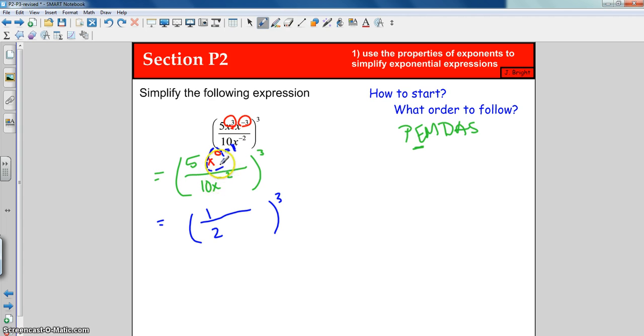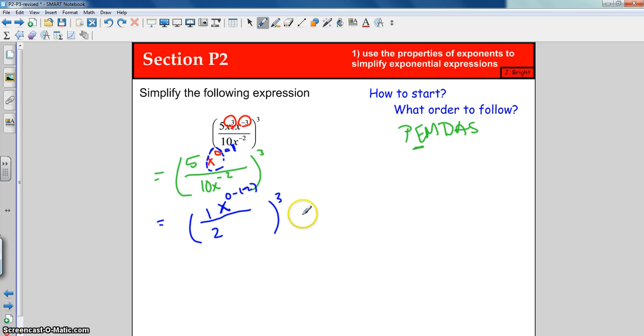Now I look at the x's. Okay, these are both exponential expressions. Well, it's a quotient, because I have x to the 0 divided by x to the minus 2, so I have to subtract the exponents. So I do a 0 minus a minus 2, and you'd put the result in the numerator. So it'd be x to the 0 minus a minus 2.